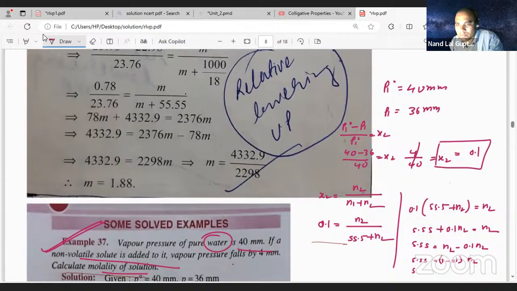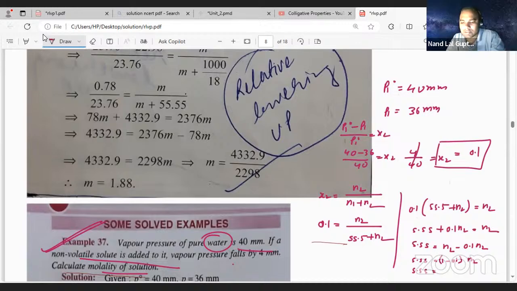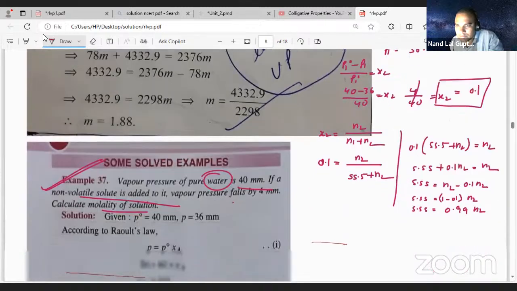So 5.55 is equal to this, N2 is approximately 5 by 9. I am saying N2 is approximately 5 by 9. 1 minus 0.1, so 0.9. I am solving fully.